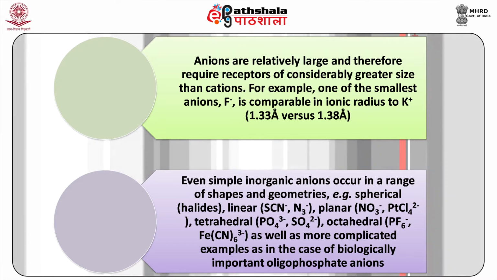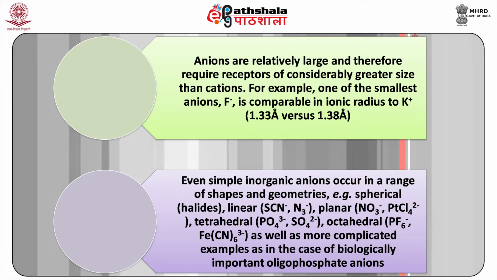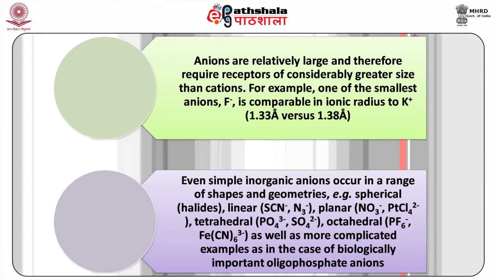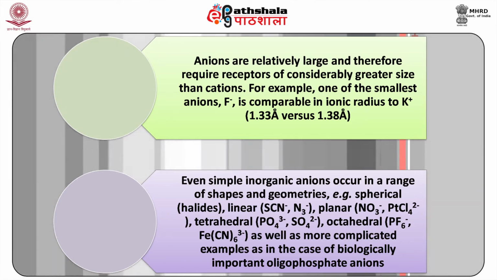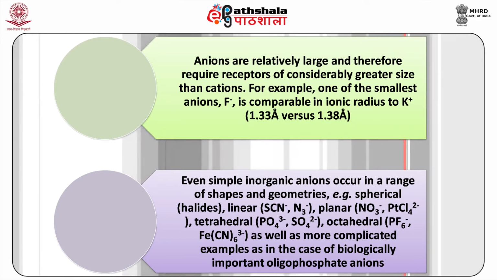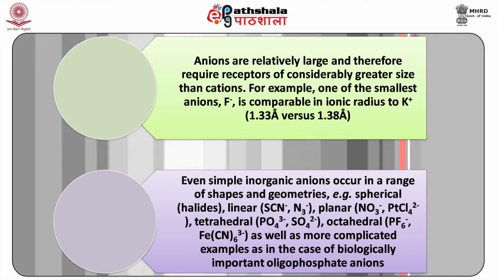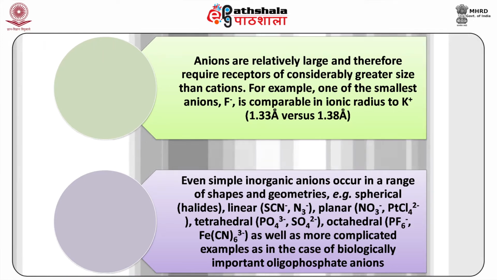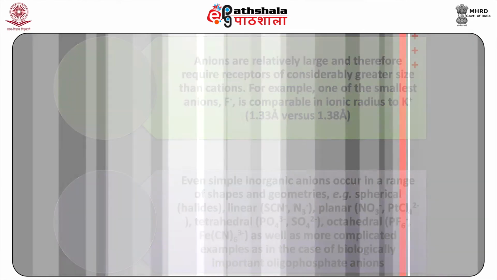For example, spherical halides, linear SCN-, that is thiocyanate, and the azide ions, planar nitrate anions and PtCl4 2-, that is the tetrachloroplatinum salt, and the tetrahedral phosphate and sulfate anions, octahedral hexafluorophosphate ions, that is PF6- and Fe(CN)6 3-, as well as more complicated examples as in the case of biologically important oligophosphate anions.